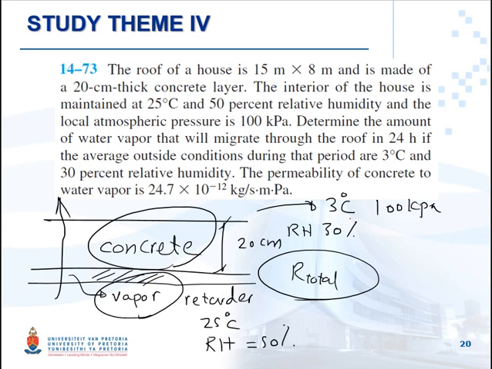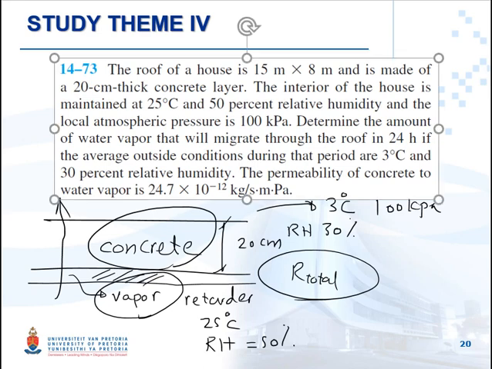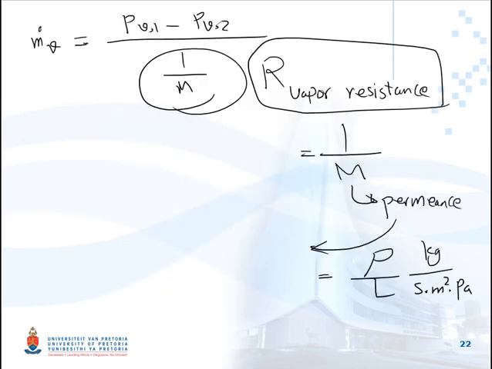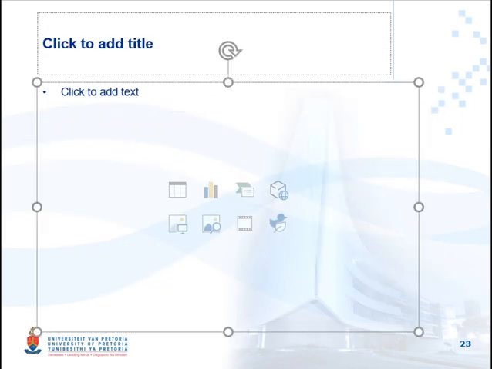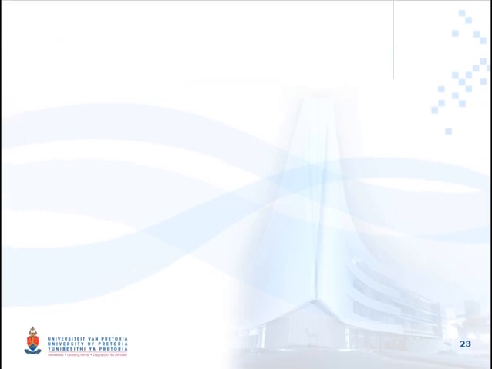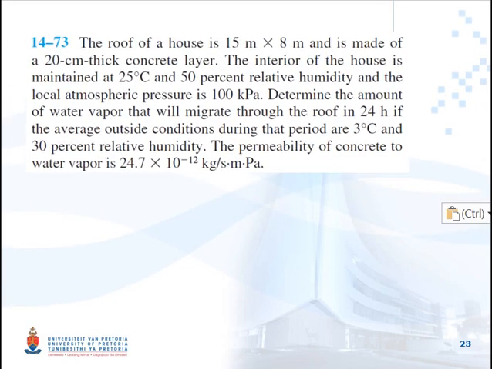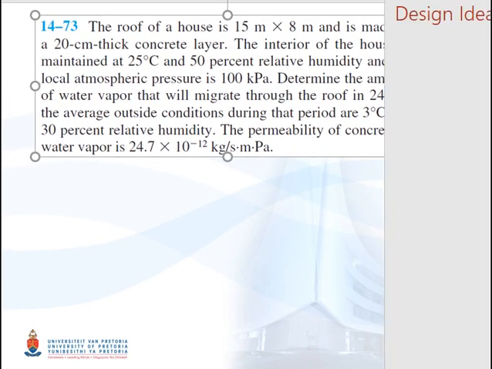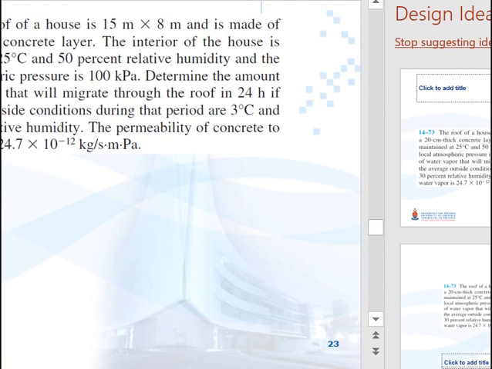So now let's go back to this question and try to solve it. I'm going to open a new page to make it easier for us to follow. Okay, now we have this one. Sorry.